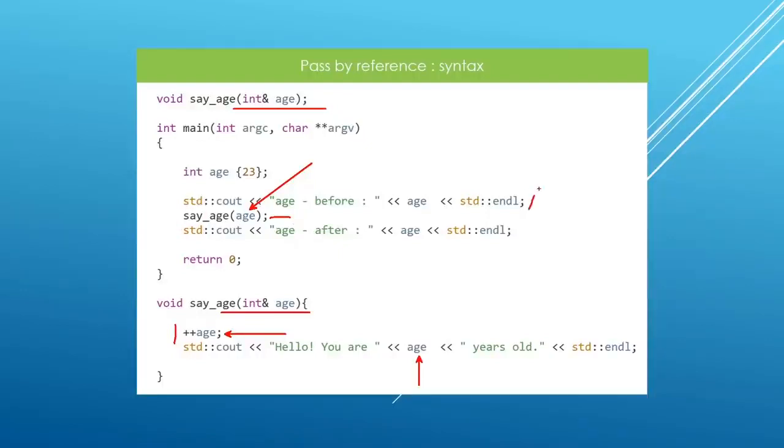Before the function call, we're going to get 23. In the body of the function, we're going to get 24 because we just incremented it. And after the function call, we're going to get 24 because the change was propagated to the original variable. The reason is that we are going through a reference here. Let's head to Visual Studio Code and actually play with this a little more.